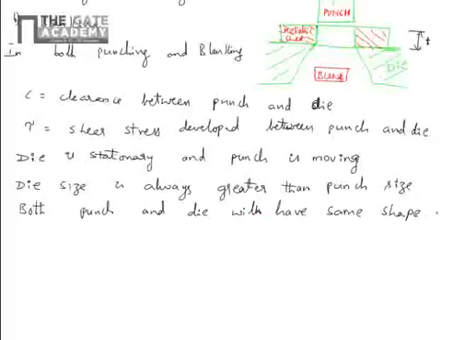If you want to produce a circular coin, it is called blanking operation, then you need to have a circular punch and circular die. In both, the mechanism is shearing and tearing.